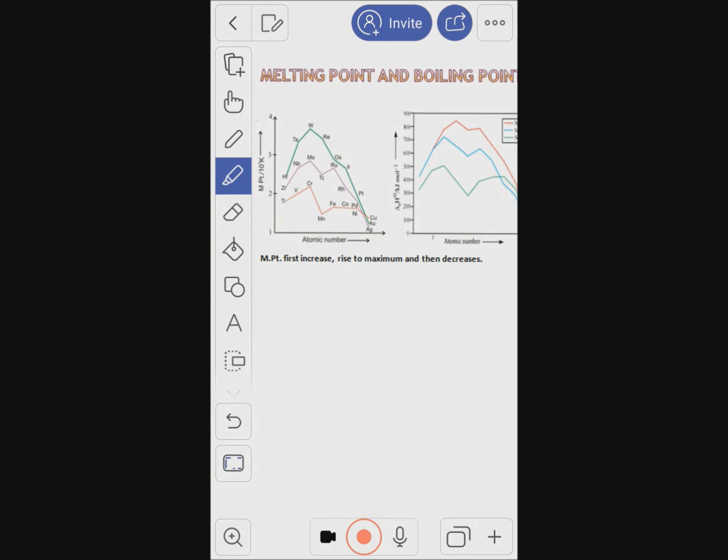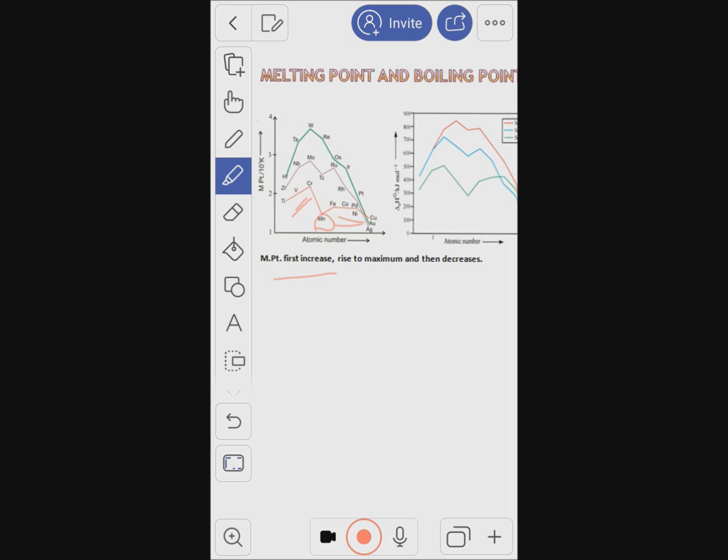Melting point and boiling point of the transition elements. Melting point first increases, rises to the maximum, and then decreases in three series: 3d series, 4d series and 5d series. Here in case of the first transition series, from titanium to chromium, it first increases to its maximum and then there is a dip in case of manganese and then again decreases.